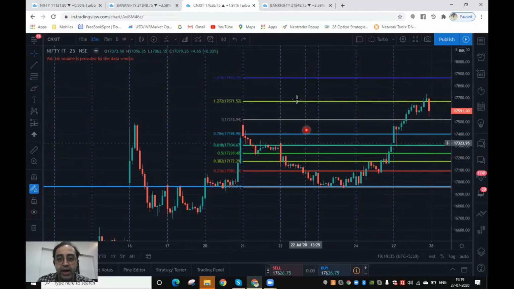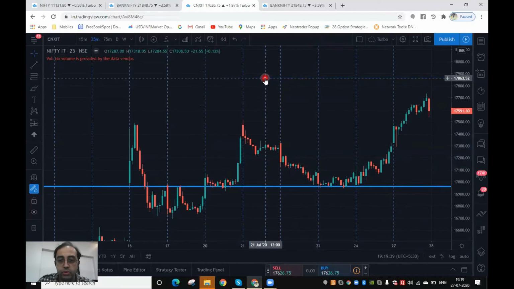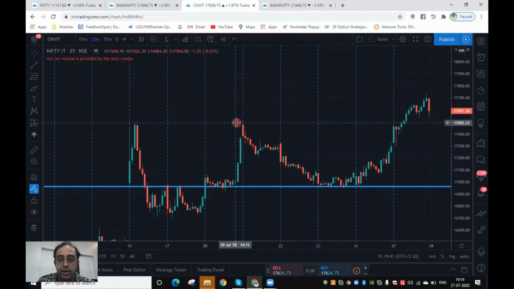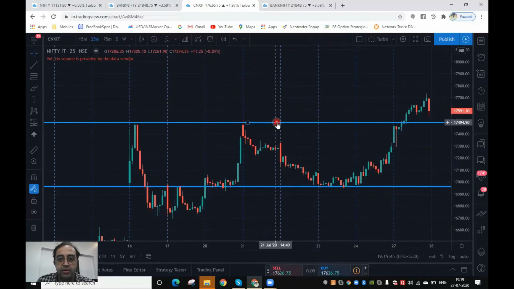If there was a pullback, then you could use a pullback zone around the 17,500 mark, which could be a good area to watch out for. You can see that once this level was crossed, it reacted quite strongly. So this will continue to be an important zone to watch out for in the Nifty IT.